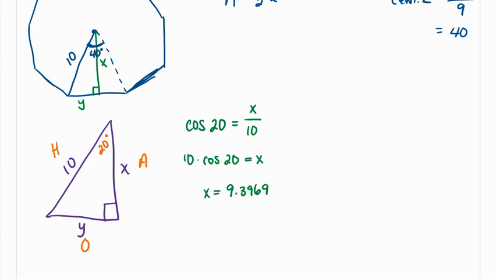That's our SO of SOHCAHTOA, right? So I'm going to do sine of 20 degrees would be our opposite over hypotenuse, so y over 10. And again, multiply both sides by 10. And we get y equals 3.4202.